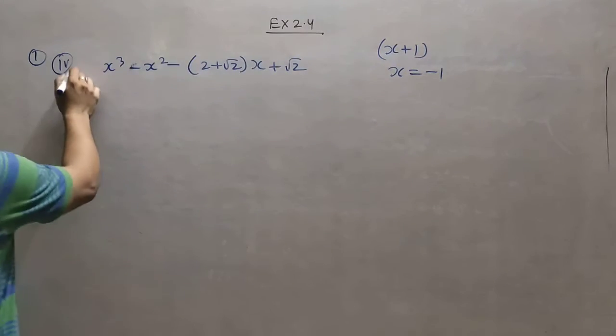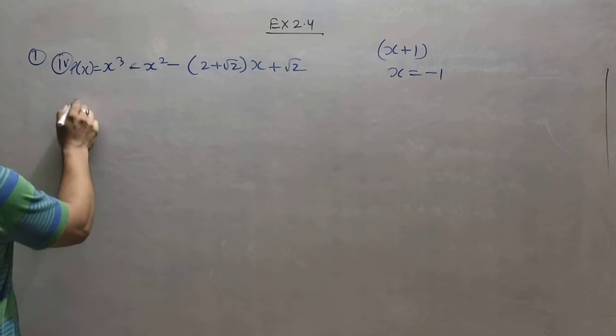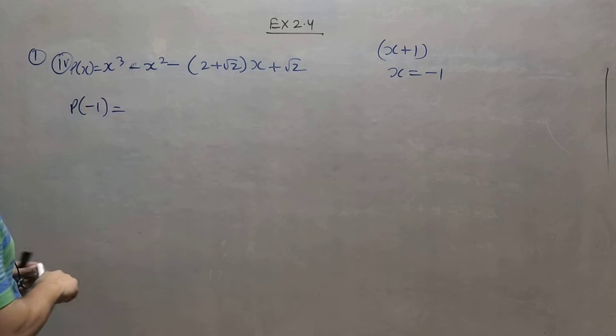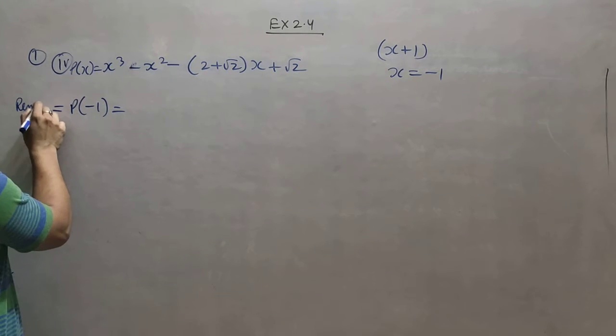So, we will put p(x) equal to this one, right? Now you can see there are square roots and the divisor is the same. We will check p(minus 1). Definitely it will represent the remainder.